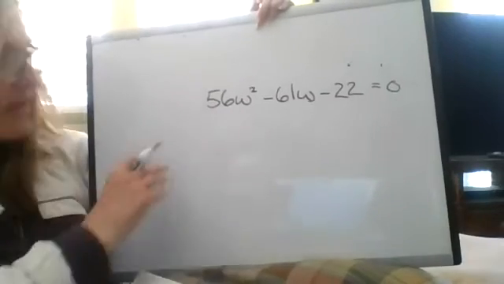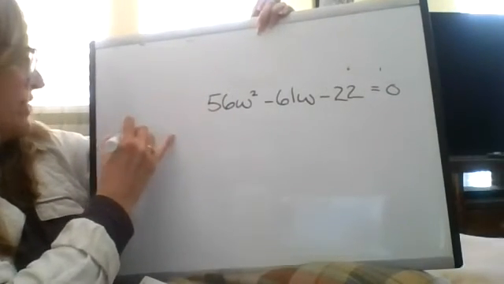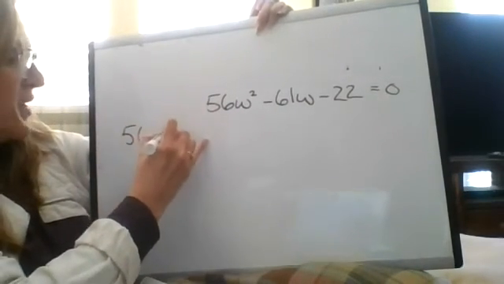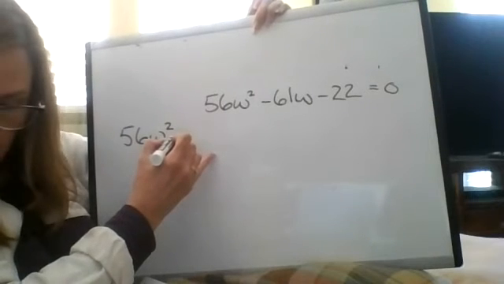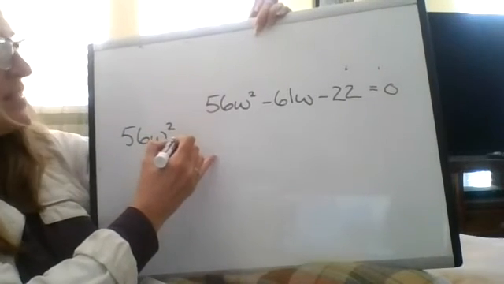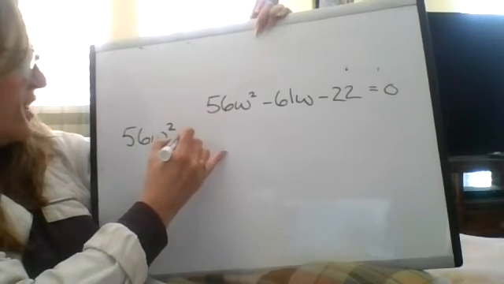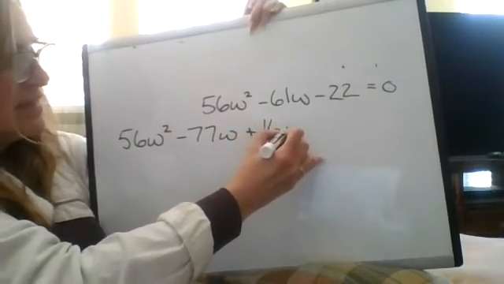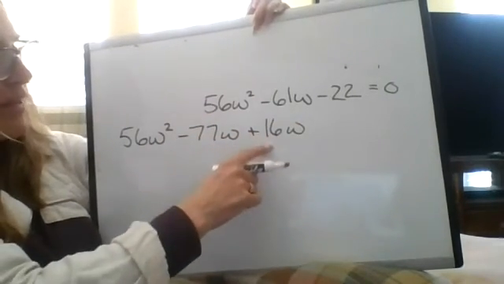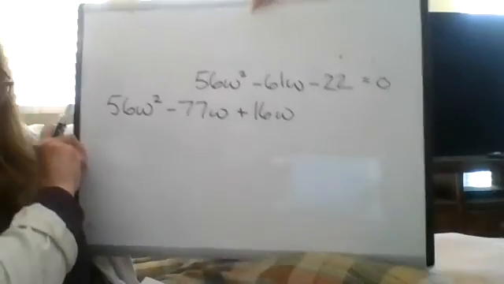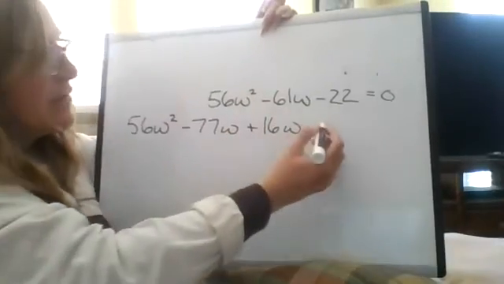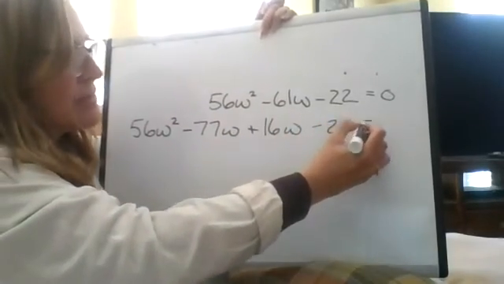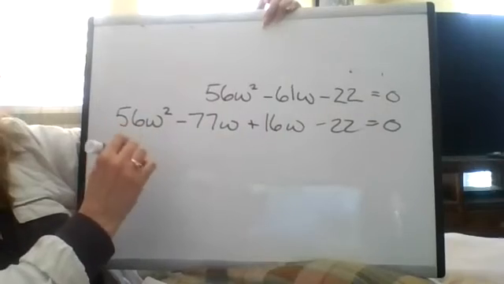It was 16 and 77. So I've got 56W squared, and 77 will be negative. So negative 77W plus 16W, and that will get us our 61. And then we have minus 22. It equals 0, so we're solving for zeros this time.